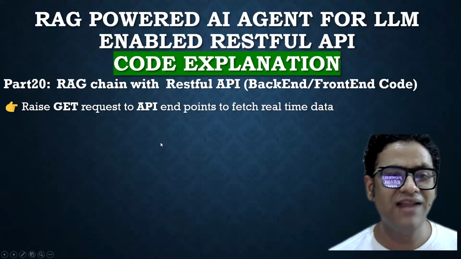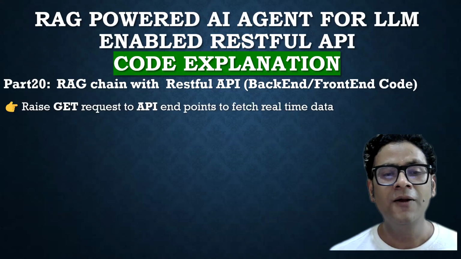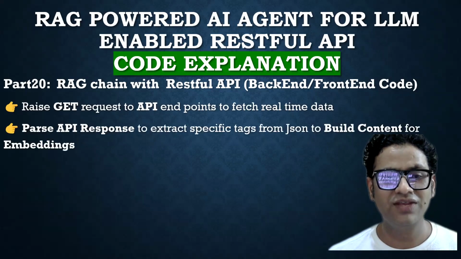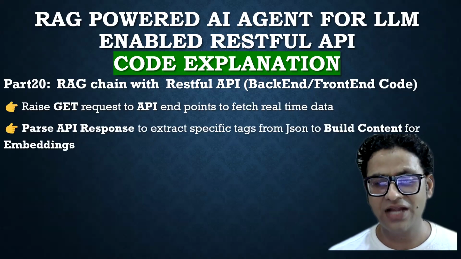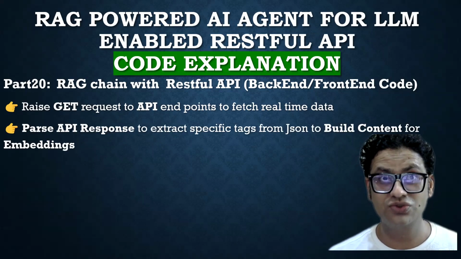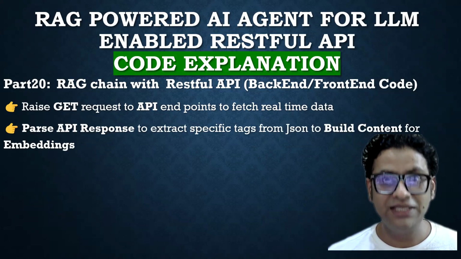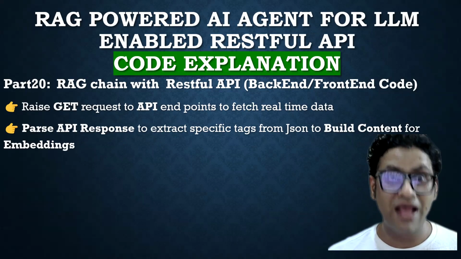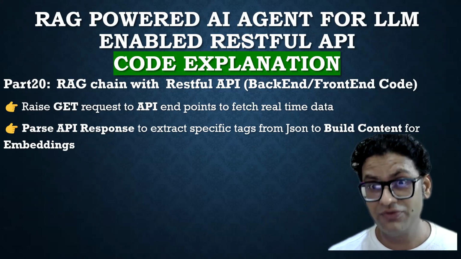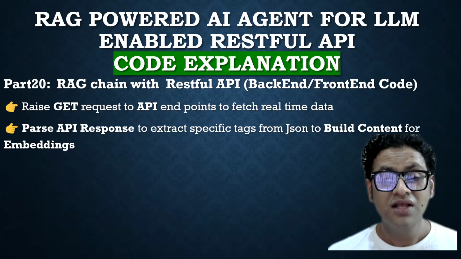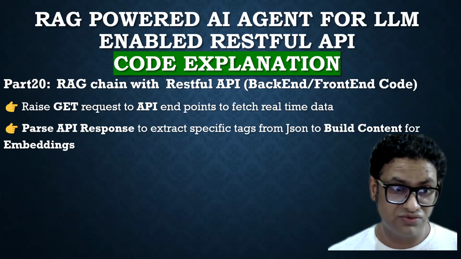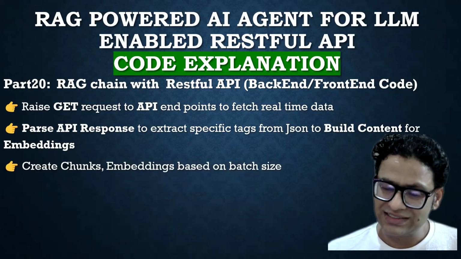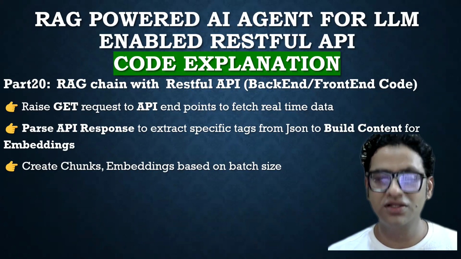Once we have that and we make a GET request, we get a response and we have to parse that to extract the data. Since we are using the Open TDB RESTful API server, which we know provides us questions and answers, it's the same flow which we have been doing for other data sources.